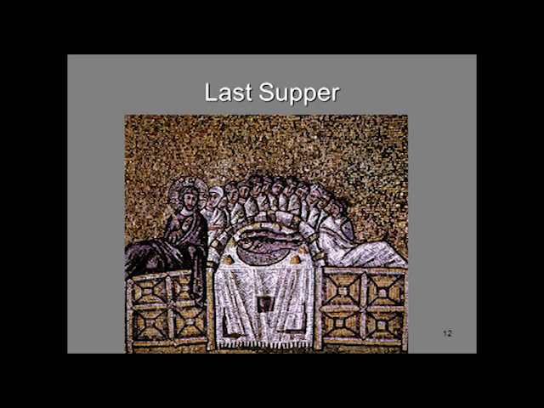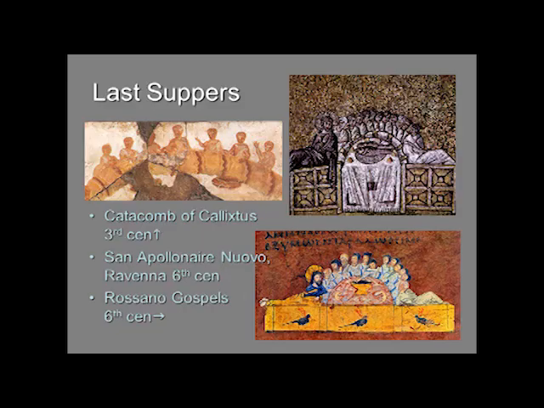You can see it's a semicircular table with Christ and the apostles reclining. And of course, in the Roman world, you would recline on couches rather than sit up at chairs or benches, which we see in later art. The mosaic in Sant Apollinare Nuovo bears a resemblance to some other Last Suppers that we've seen.